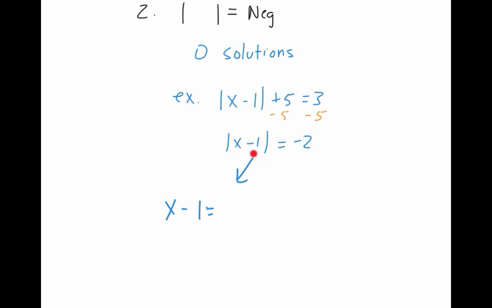Well, if you do absolute value of something, you always get a positive. So there is no number that x minus 1 could equal that would give you that negative 2 for an answer. So when you get here to break it up, you're kind of stuck. There's nothing you can do, and that's how you know that it's going to be the 0 solutions. Any questions?